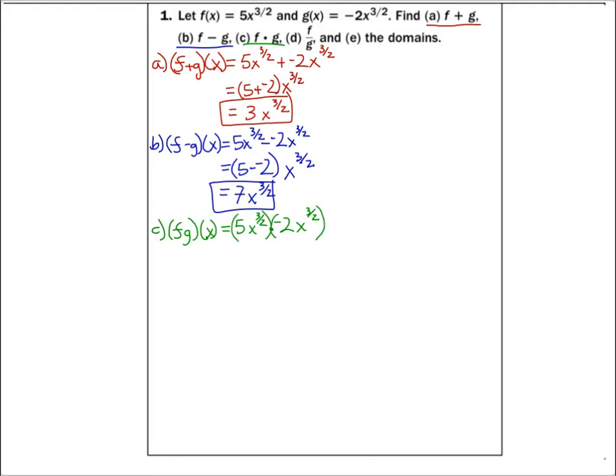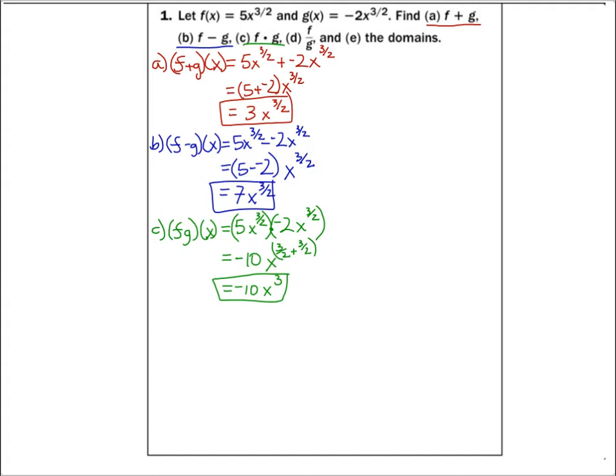It doesn't really matter as long as you know what's going on. 5 times negative 2 is negative 10. And then the exponents add, so I'm going to make this look as long as possible. You are not required to make it look this long, but I'm showing you that the exponents add. You have negative 10 x to the 3 halves plus 3 halves is third. So negative 10x to the third. And there's your answer for C.